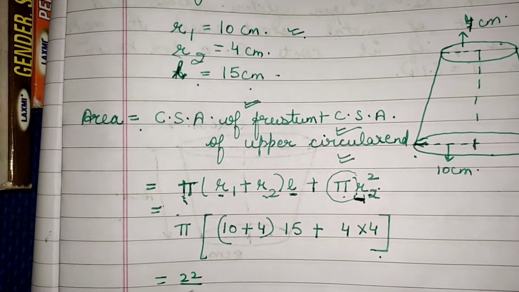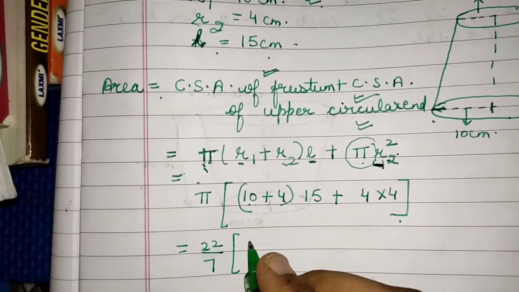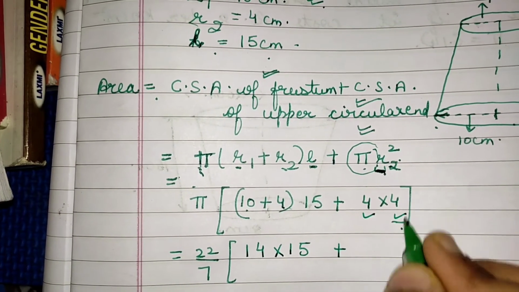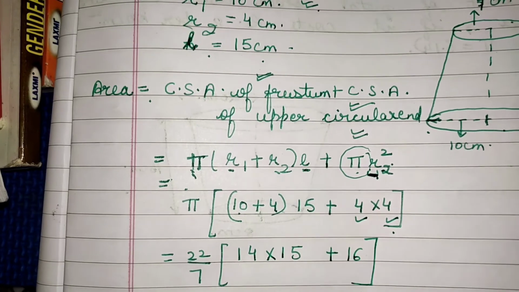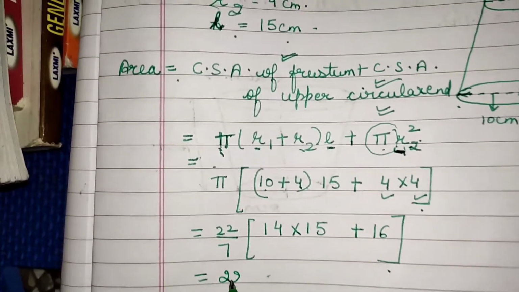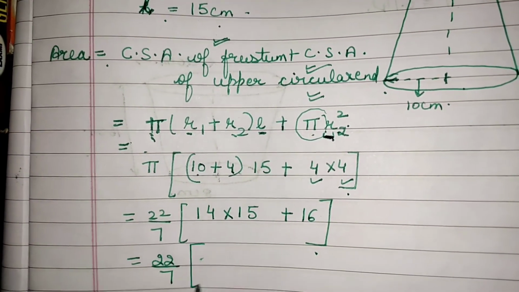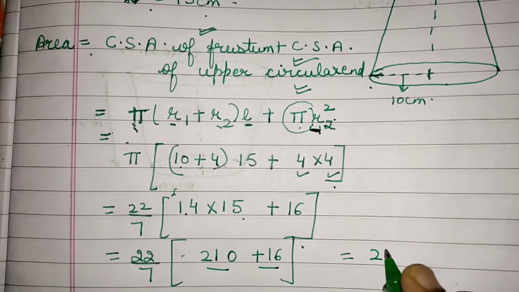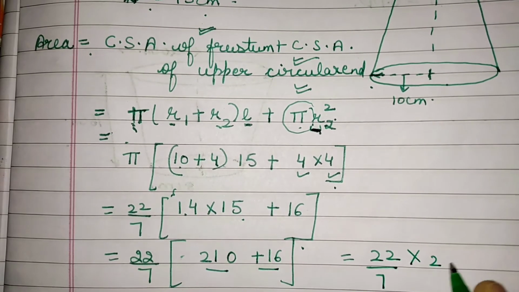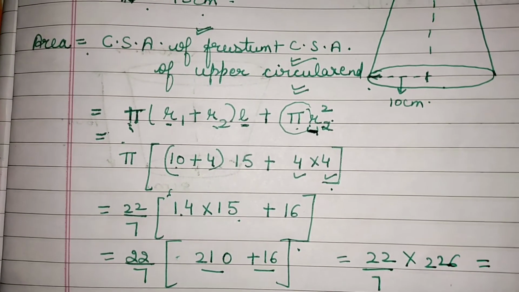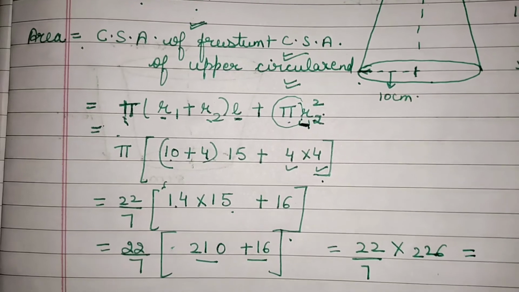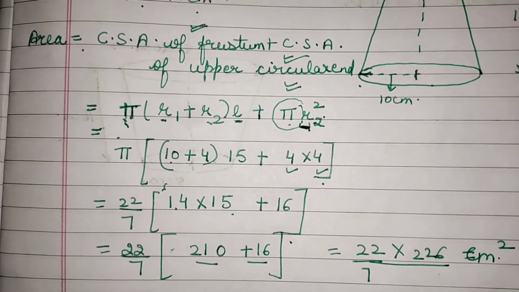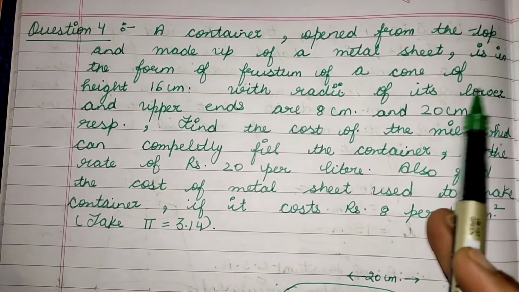Pi is 22 by 7 into 10 plus 4, which is 14, into 15, plus 4 into 4, which is 16. Then when we solve this, we will get 2110 plus 16. Now you can solve the values very simply, and once you solve them, you will get your final answer.